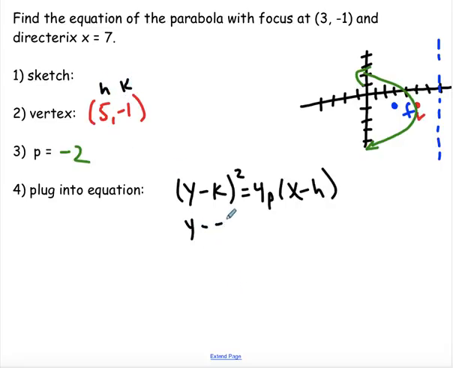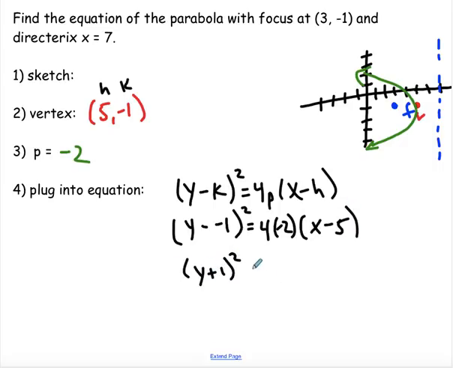So it'll be (y - (-1))², 4 times -2, because that was p, and then (x - 5). And just clean that up a little bit. It'll be (y + 1)² = -8(x - 5). That would be your equation.